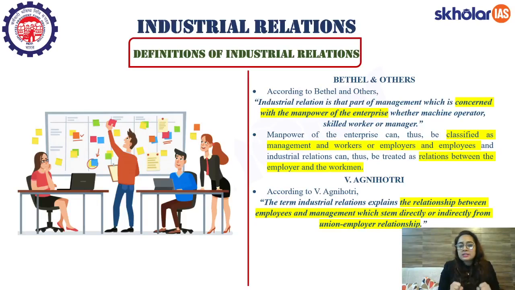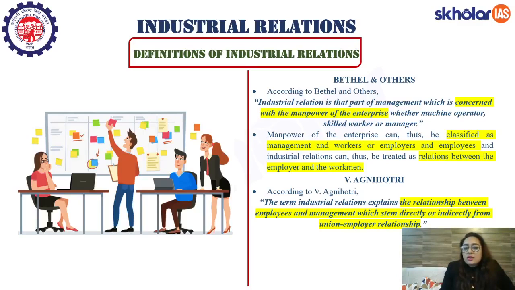For Beatle, the crux is that manpower of the enterprise is part of management, and anybody working for this part of management comprises manpower, be it a machine operator, a skilled worker, or a manager himself. It can be simply classified as management and workers, or employers and employees, and industrial relation can be treated as the relation between these people.